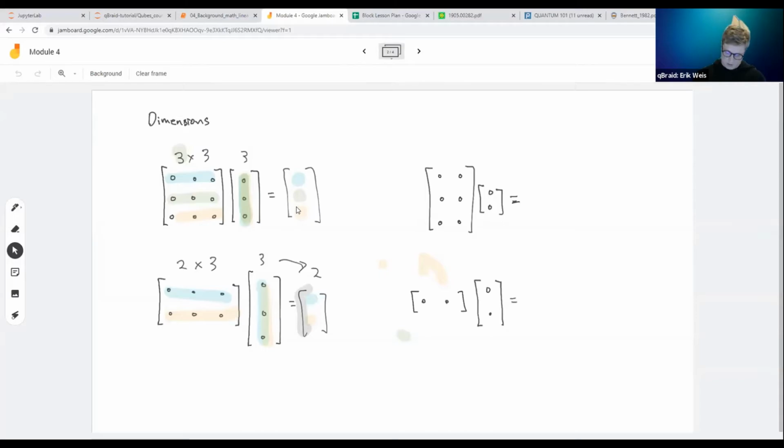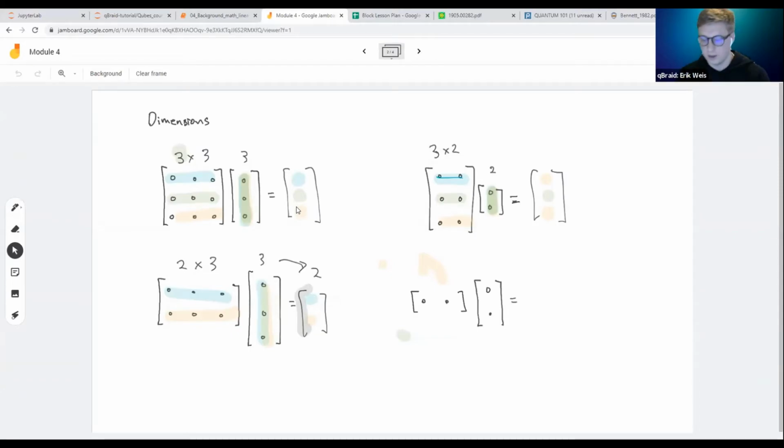Equivalently, we could take the opposite. We could take a 3x2 matrix and multiply it by a 2-dimensional vector. And you'll see this time we have 3 inner products that each give a different entry, and you end up with a 3-dimensional vector.